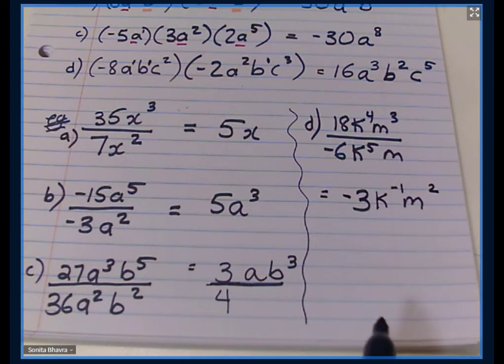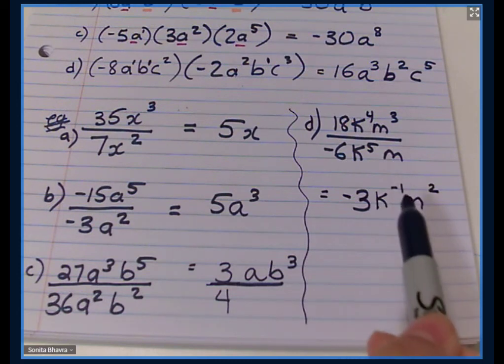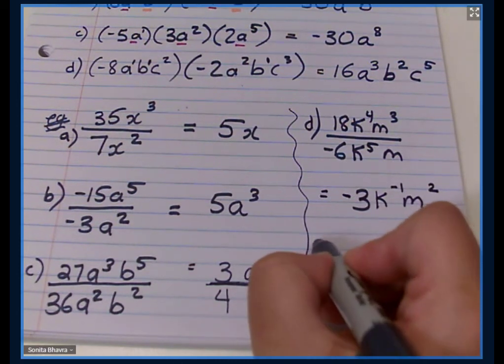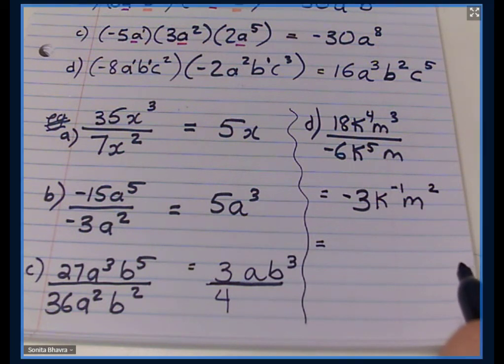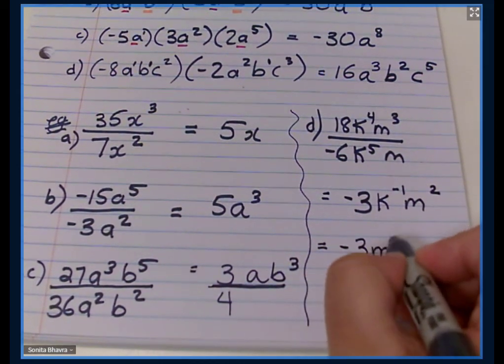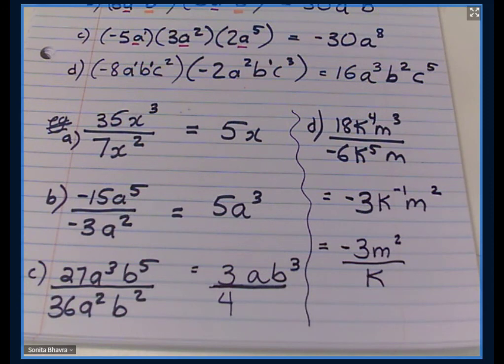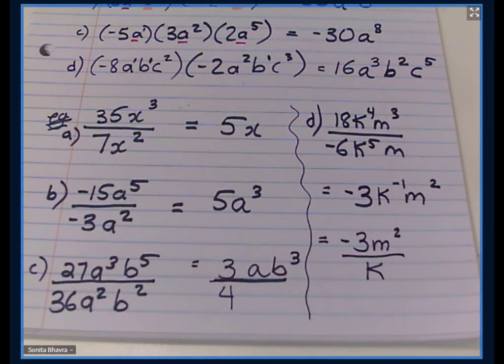All right, but when we were doing our exponents unit, we know that if you had a negative exponent, you bring that down. So here, if we were to do a further step, this would become negative 3m squared, and then the k would become in the denominator.